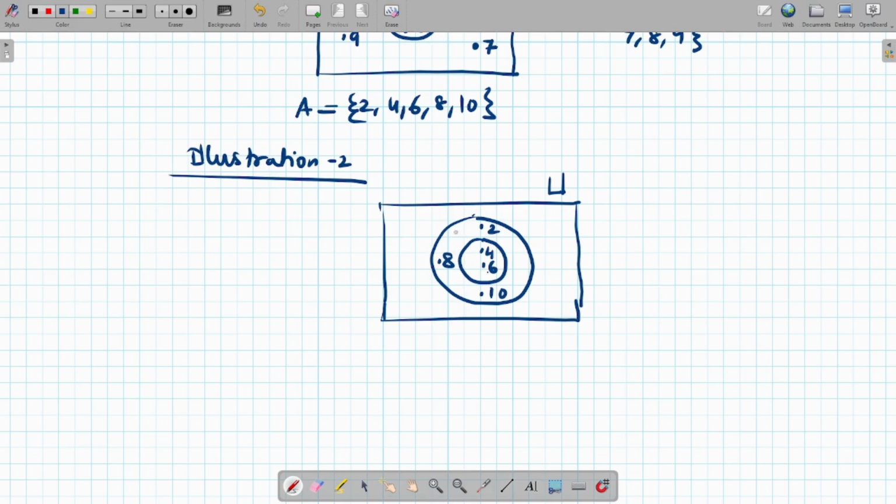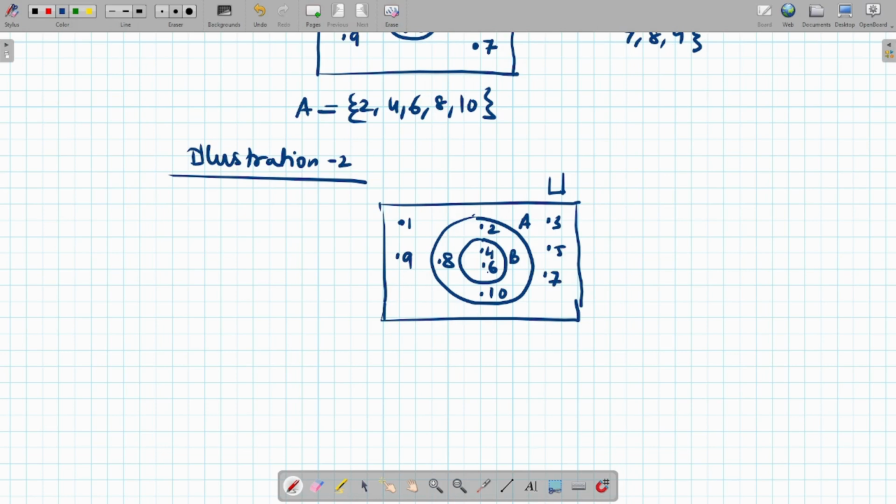And what do we call this as? Let's say the bigger one is A, the smaller one is B, and then we have 1, then 3, 5, 7 and 9.